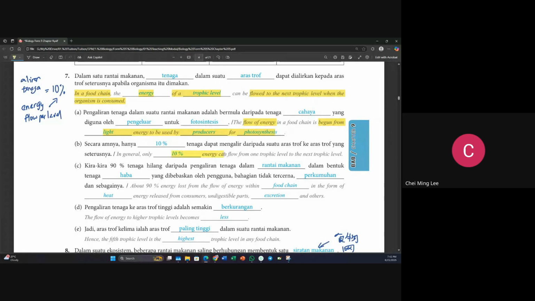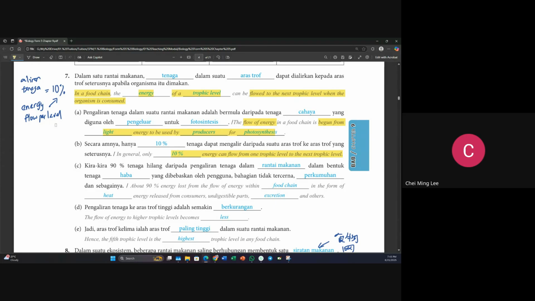Generally, only 10% flows from one trophic level to the next. Let's say the plant absorbs sunlight and generates energy. Then the grasshopper eats the leaves, so only 10% will be carried on. Why? The other 90% has been used up by the plant itself for its daily activities. Then the grasshopper is eaten by the frog.